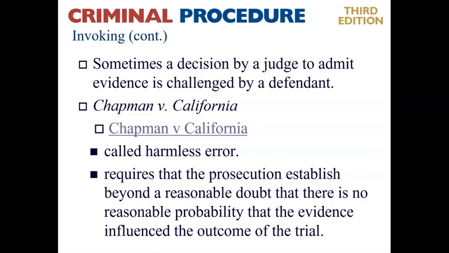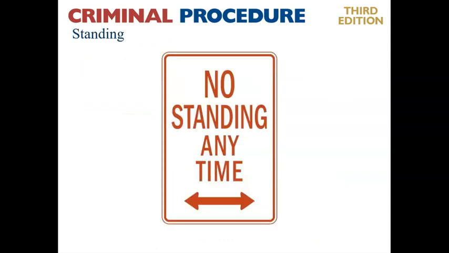This requires that the prosecution establish beyond a reasonable doubt that there is no reasonable probability that the evidence influenced the outcome of the trial, if the evidence is allowed to stay in. Hopefully that makes sense. So that would be the harmless error rule, from Chapman versus California.